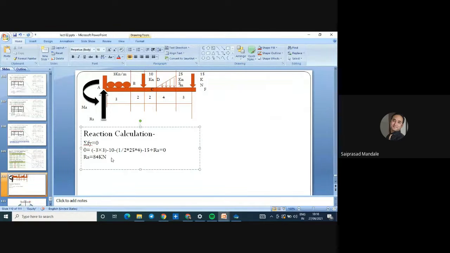Now, from the reaction calculation, we come to know this. Now I wish to calculate the moment. So, moment about A. Can anybody tell me the moment about A? I have already given you the answer: moment about A is equal to 0.